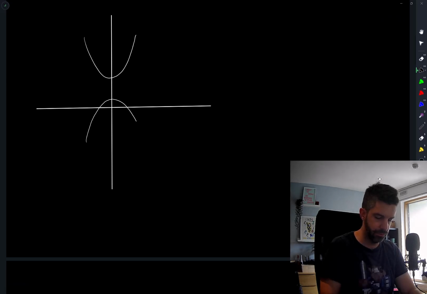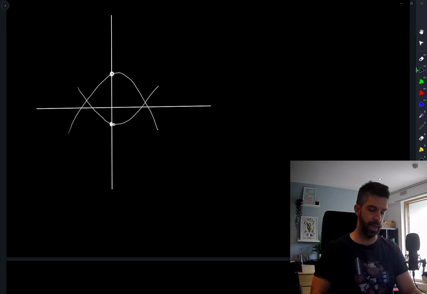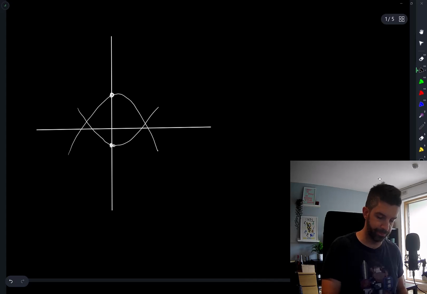Okay, so the other thing to keep in mind: if the vertices of the two of them are like this, if one of them opens downwards and one of them opens upwards, then that definitely works. And when does this happen?